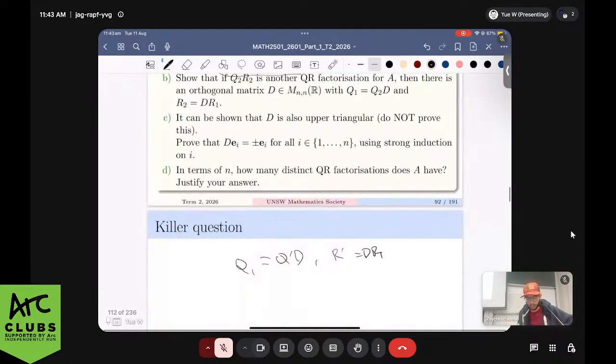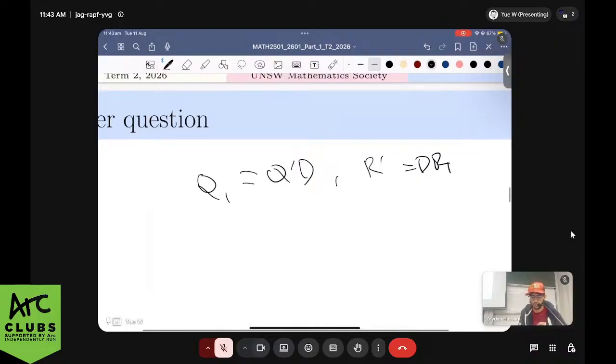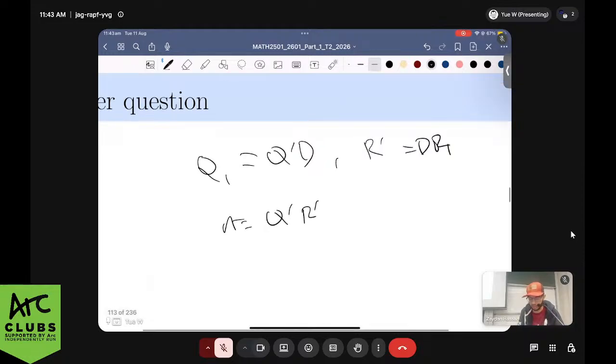So first of all, we need to show at least that A is still equal to Q prime R prime. If that was not the case, this is not a QR factorization. So what is Q prime? Let's isolate it. By the way, D is going to be invertible. The diagonal entries are plus or minus 1. There's no 0 in the diagonals, so we can take the inverse.